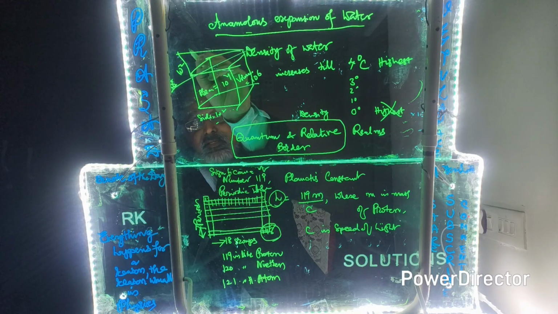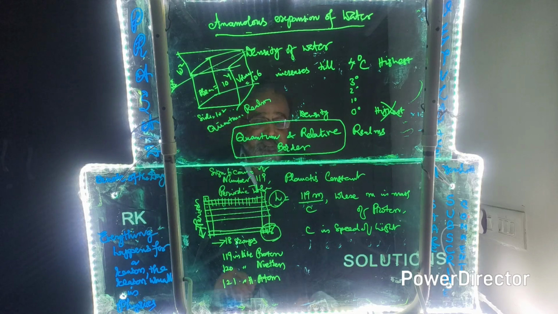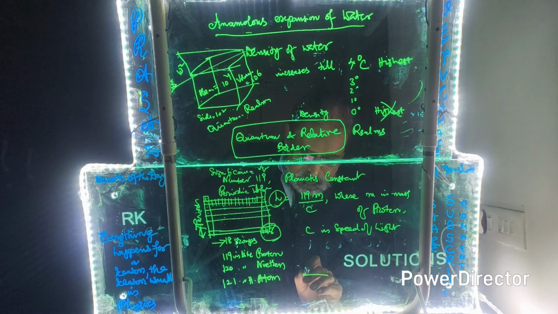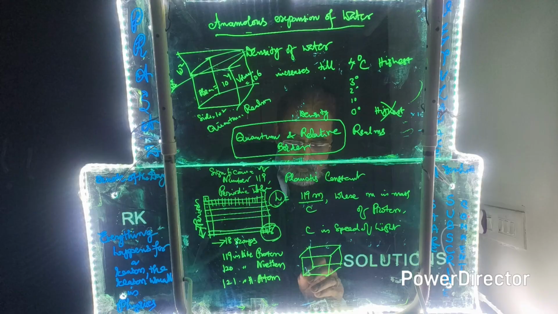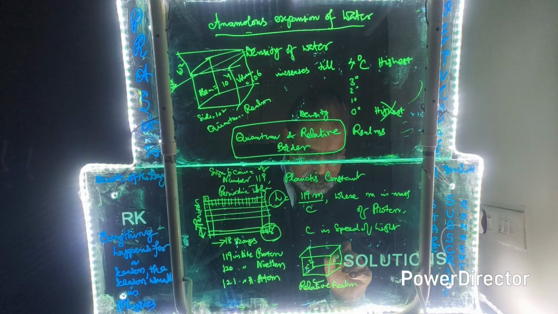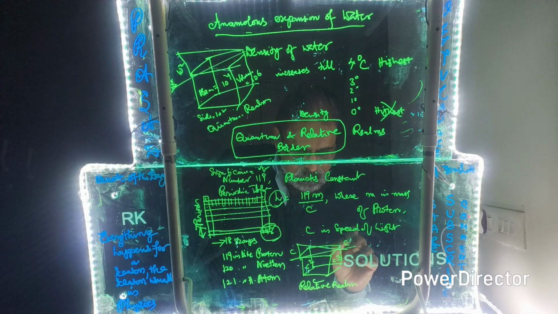This is basically the quantum world. Quantum, let's say. And similarly, there is this relative realm where this is c, this is c square, c cube is this, and we take another c, and this becomes c4, right?